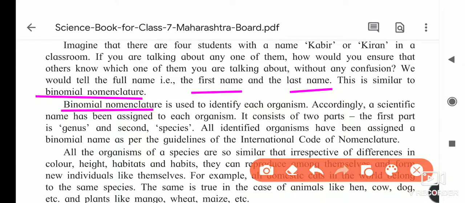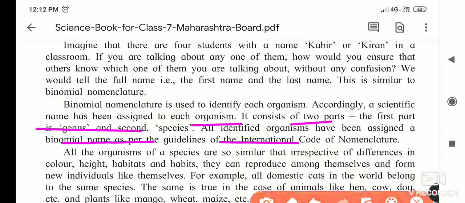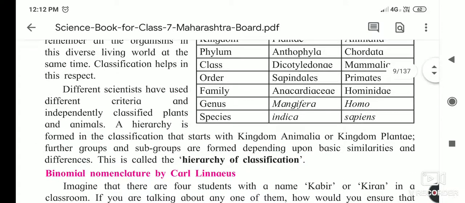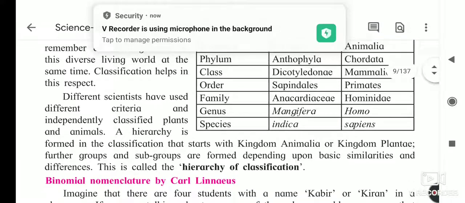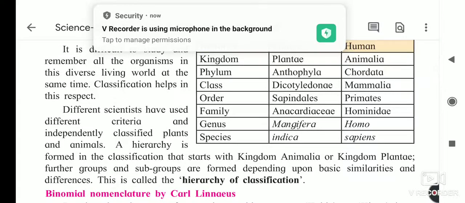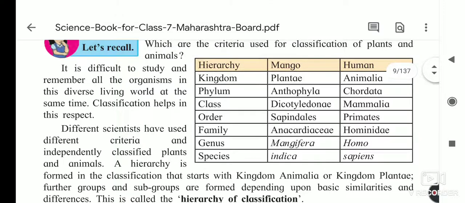So what is binomial nomenclature? Binomial nomenclature is used to identify each organism. For example, in our box, for human we say Homo sapiens. Homo and sapiens, these two things are there.